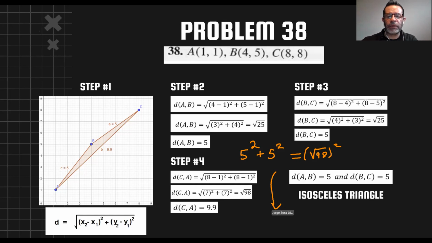That would mean 25 plus 25 is equal to 98, and this is not true. Since this is not true, it's not a right triangle. It is an isosceles because 2 of the sides are the same. Okay, good job. Well done.